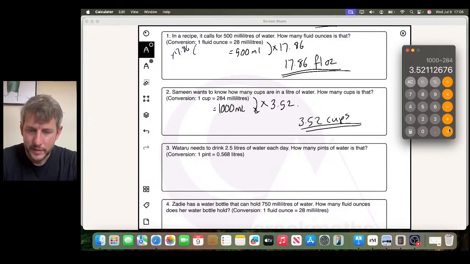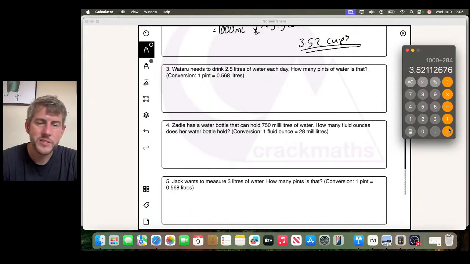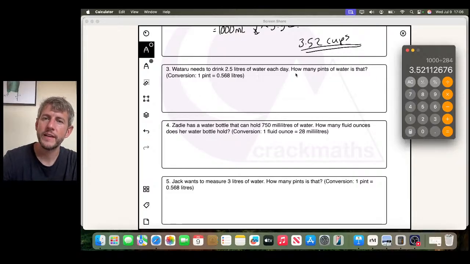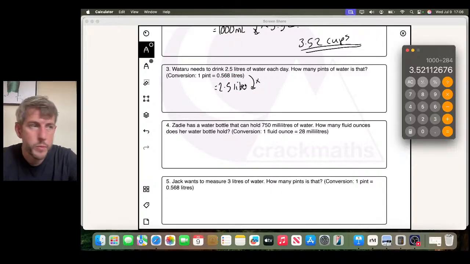Okay, right. Let's have a look at question 3. So question 3 tells us that Wataru needs to drink 2.5 litres of water each day. How many pints of water is that? Okay, so conversion, 1 pint equals 0.568 litres. So we need to get to 2.5 litres. So what are we timesing 0.568 by to get to 2.5?